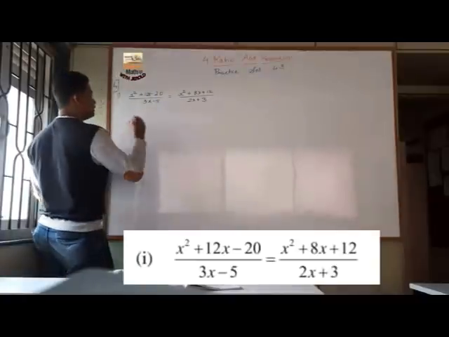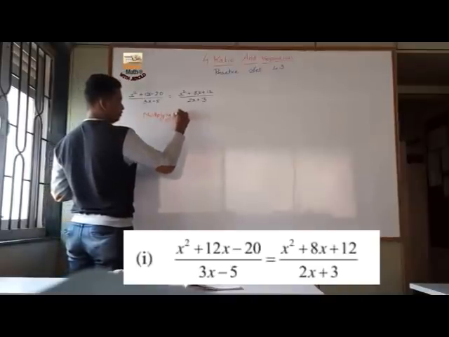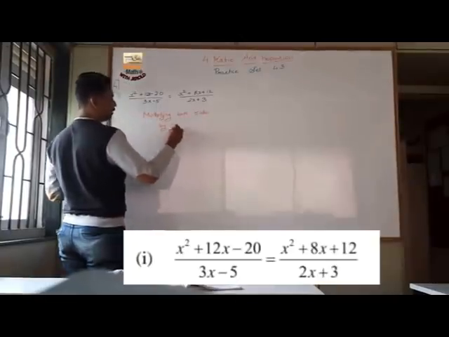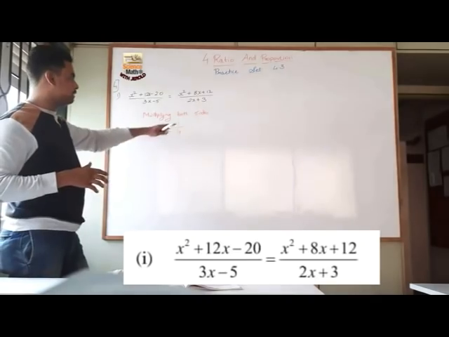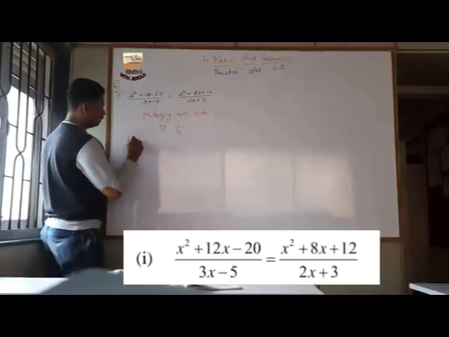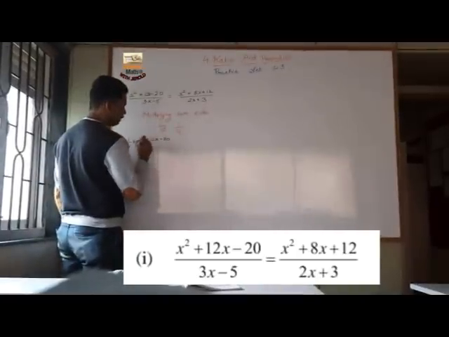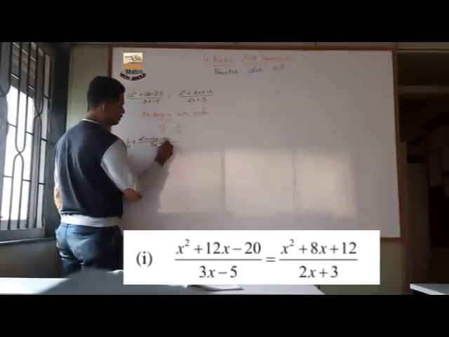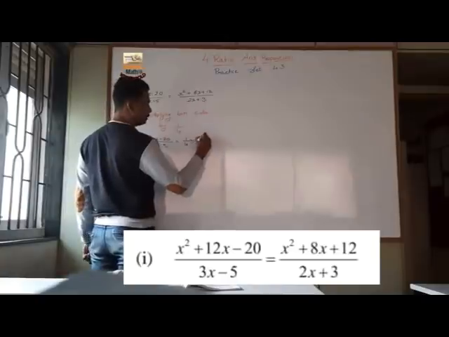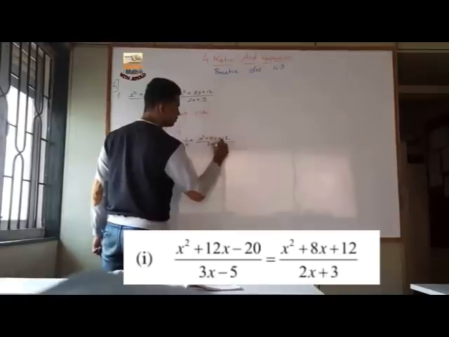First thing I will do is multiply both sides by 1 upon 4, as I have to just multiply that in the denominator, hence I did it as 1 upon 4. What I get is 1 upon 4 multiplied by x squared plus 12x minus 20 divided by 3x minus 5 is equal to 1 upon 4 multiplied by x square plus 8x plus 12 divided by 2x plus 3.